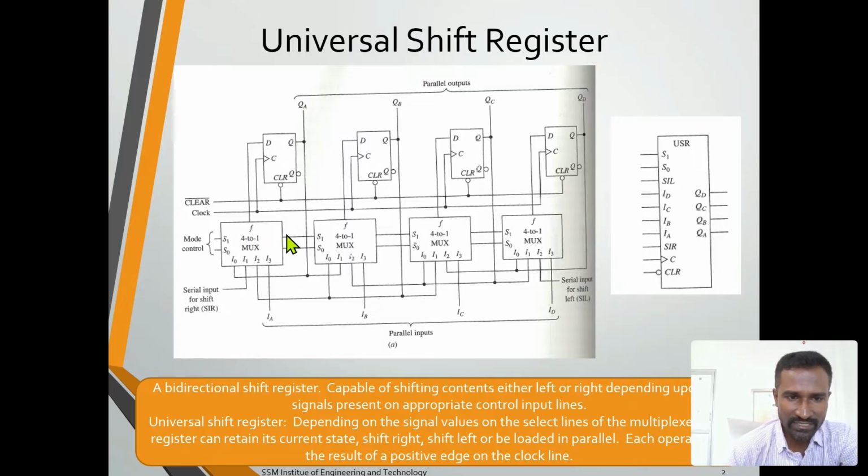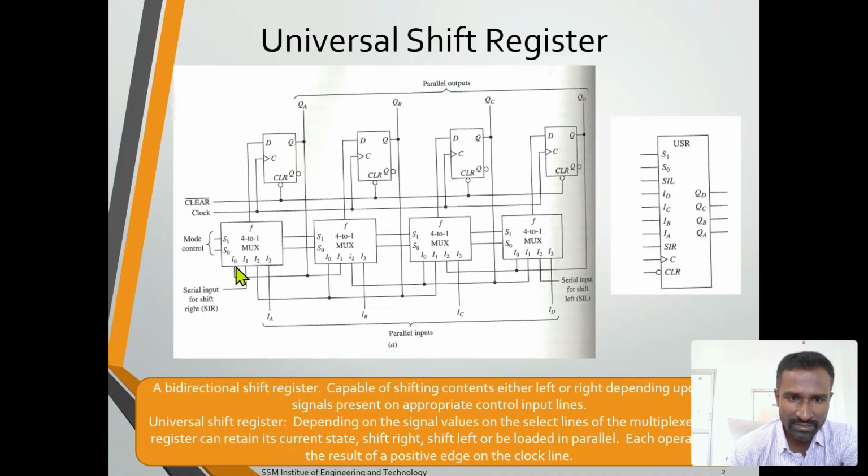Let me explain the multiplexer operation here. There are two selection lines, four input lines, and one output. This is a 4:1 mux. The two selection lines help to find which one of the four input lines will be given as the output. The four inputs are I0, I1, I2, I3. Likewise, four muxes are used in the circuit.